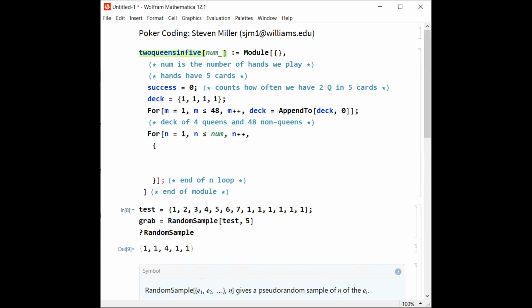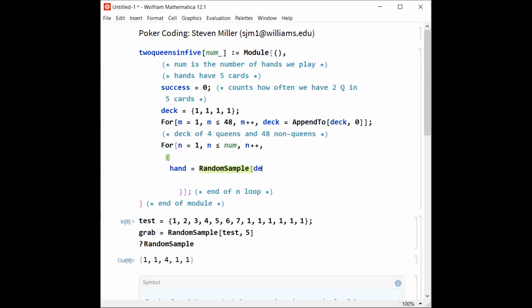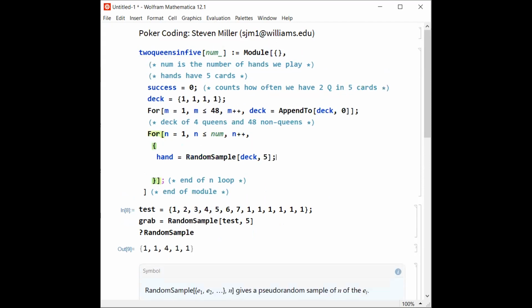So now over here, I have "and," which is my set. It's going to be a random deck and 5 cards. So how do I tell if I have at least 2 queens? Good. And that's the value of using numbers rather than letters.